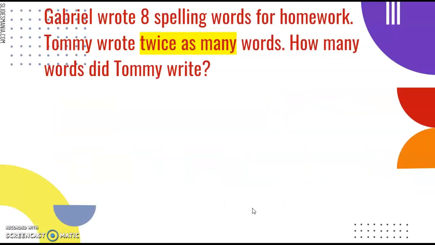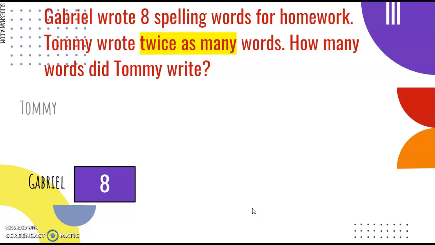Let's try another example. Gabriel wrote 8 spelling words for homework. Tommy wrote twice as many words. How many words did Tommy write? This time we'll start with Gabriel's amount on the bottom. We can model Tommy's amount at the top by showing 1 times as many. The models are the same length.